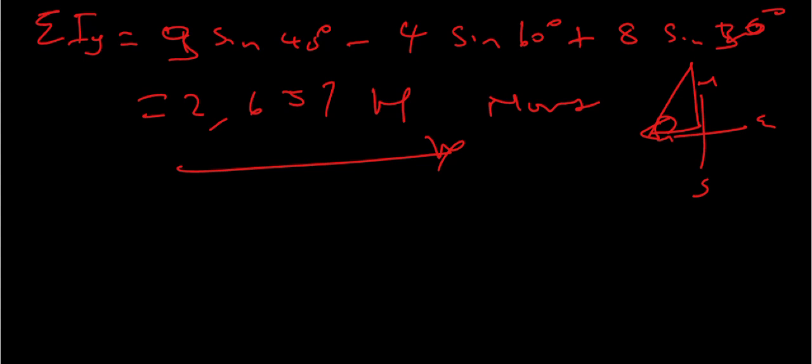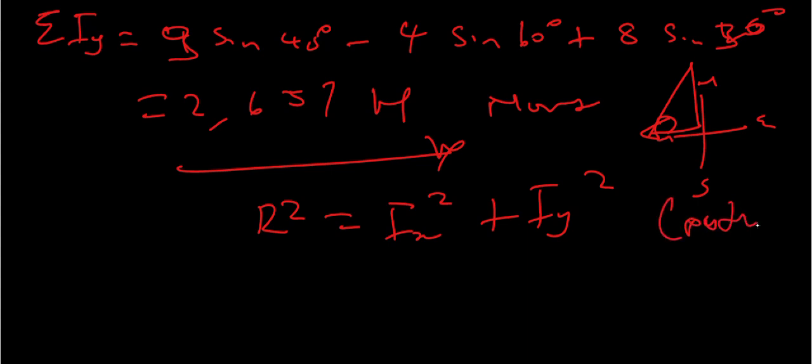So remember, we're supposed to also calculate the resultant force. So we're going to say the resultant force is equal to, applying the Pythagoras, F of x all squared plus F of y all squared. This is the Pythagoras.